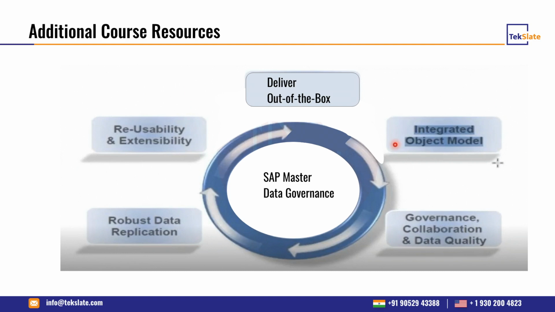Next, once all this process is done, we have a robust data replication. The quality data, as I said, will move to the target. Once you create a master record, you can reuse the same record. If you want to change something, you can reuse the same master record. If you want to delete, you can flag, mark it as a flag.